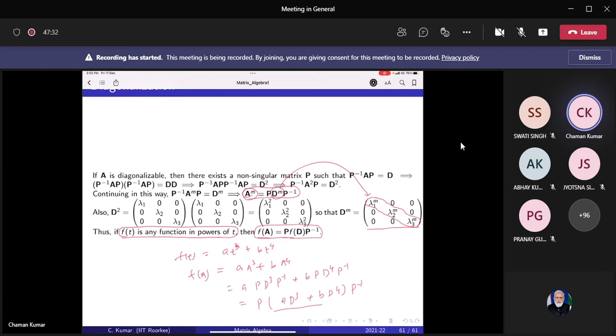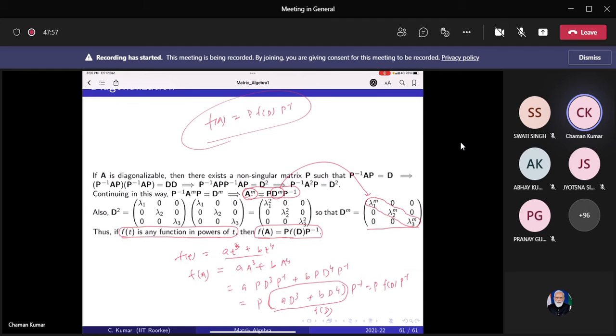So this expression is basically f of D. So you can say that this is equal to P f of D P inverse. So that means we are able to show that f of A is equal to P f of D P inverse. Okay.